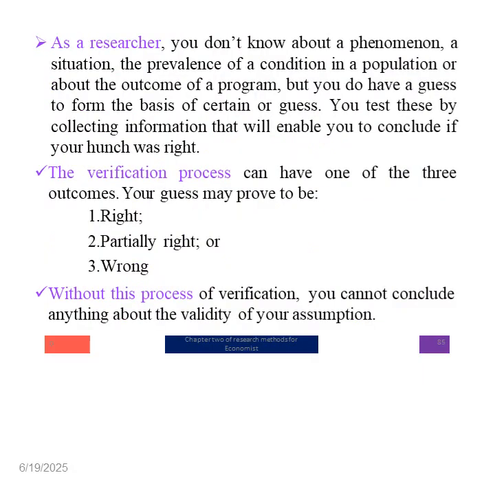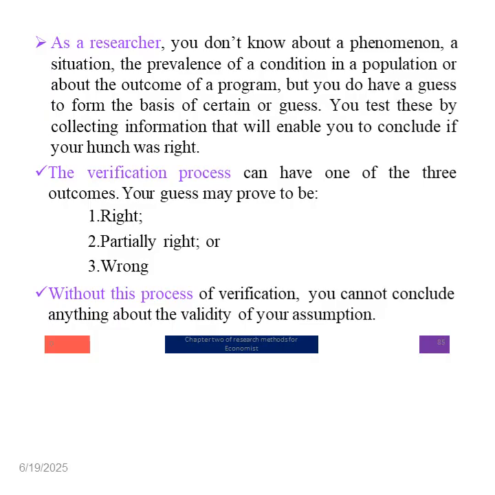As a researcher, you don't know about the phenomena or a situation, the prevalence of a condition in a population, or the outcome of the program, but you do have a guess to form the basis of inquiry. You test this by collecting information that will enable you to conclude if your hunch or guess was right.